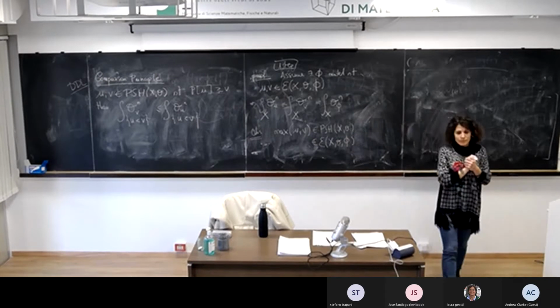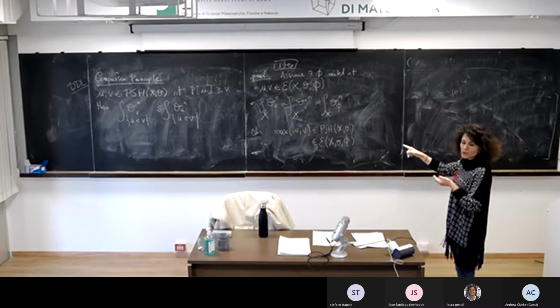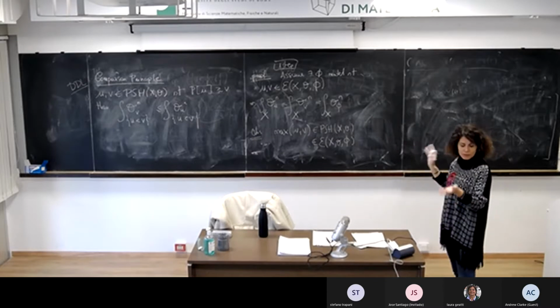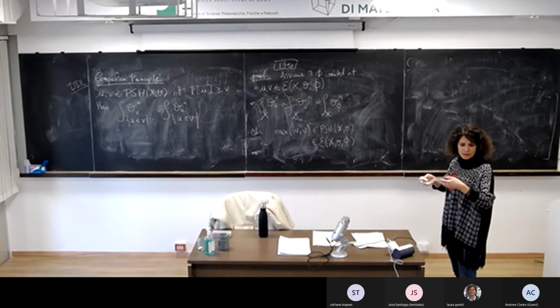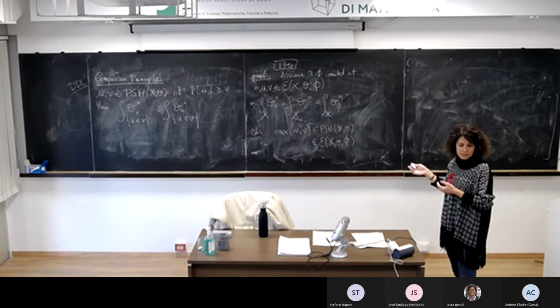Is it obvious? Because the maximum of this function here is going to be bounded above and below by either u minus a constant and u plus a constant, or v minus a constant and v plus a constant.